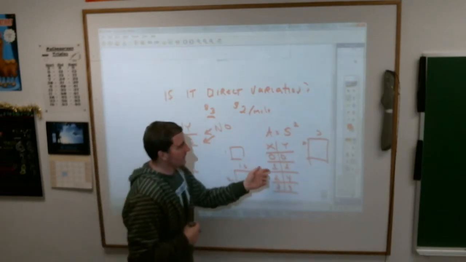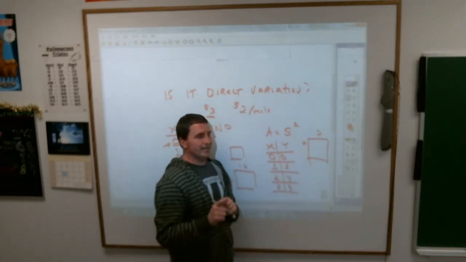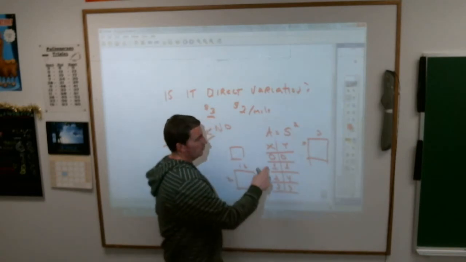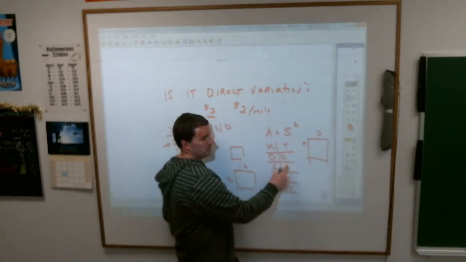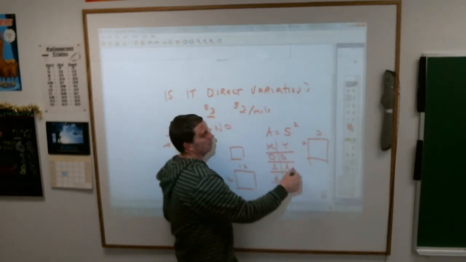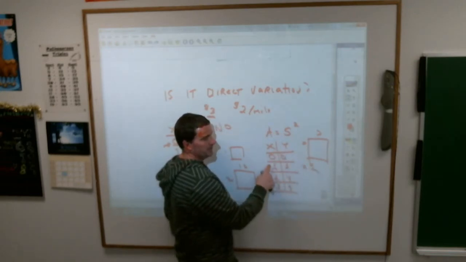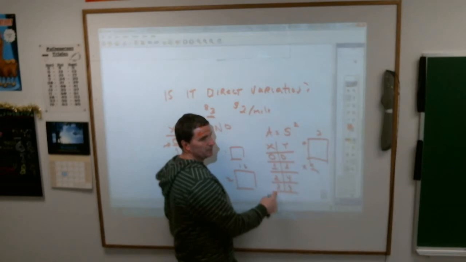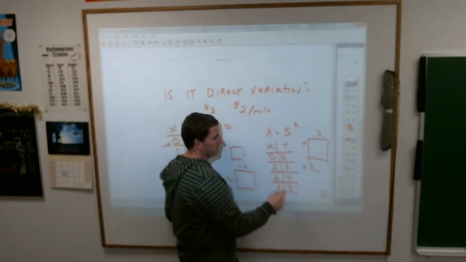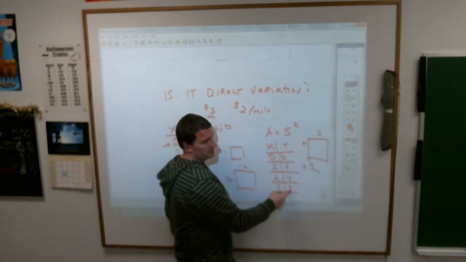Okay, once you see that it's 0, 0, the second question you ask yourself is, is there a constant of proportionality? Which means this: what do I do with 1 to get to 1? Multiply it by 1. In order for this to be directly proportional, everything in the x column would have to be multiplied by 1 to get y. No. So 2 times 1 doesn't give you 4, and 3 times 1 certainly doesn't give you 9.